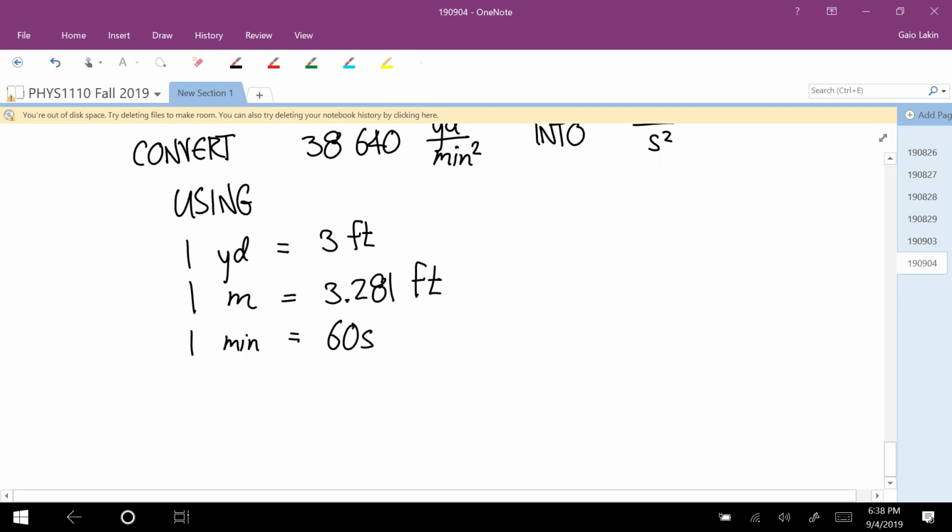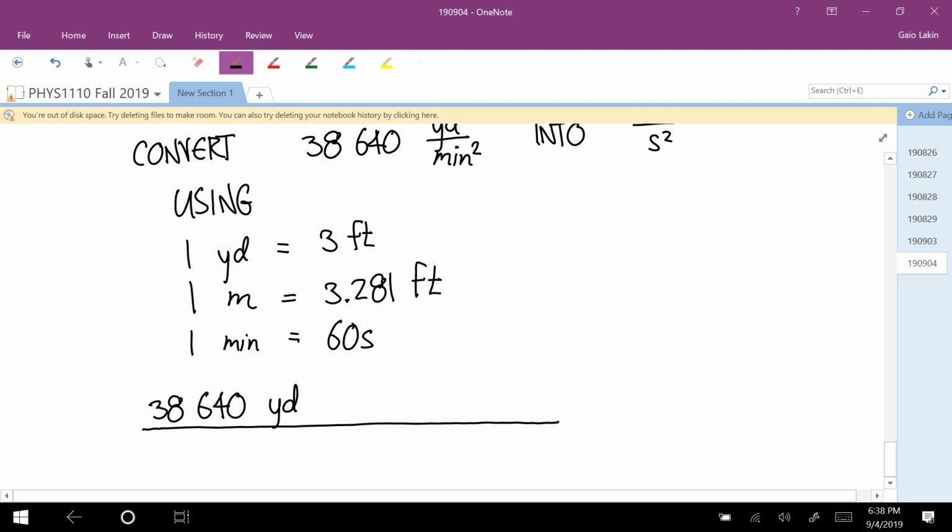All right. So the starting quantity is 38,640 yards. That's in the numerator.